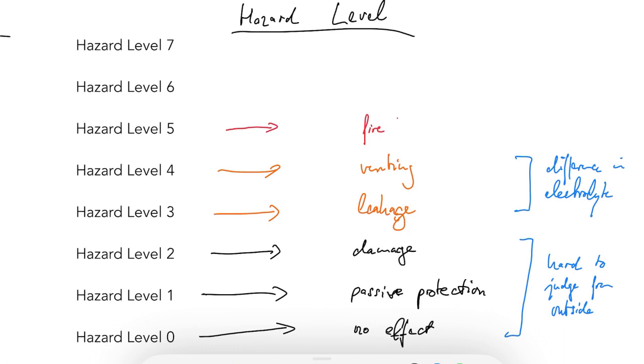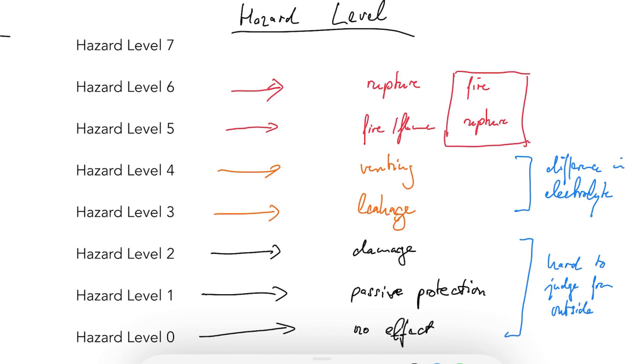The SAE hazard level, which is adapted from UCAR, just mixes it up and turns it around and says hazard level 5 is rupture, hazard level 6 is fire and flame. It is a little bit confusing, and therefore just make sure you always know according to which standard the hazard level definition is used.